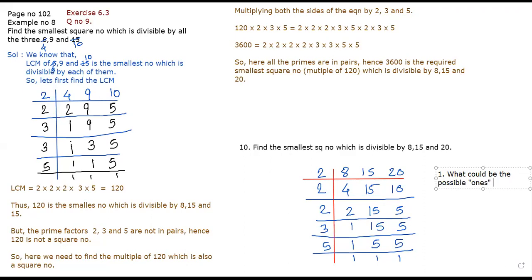I'm just writing by the time they are finishing this. Then have you finished? Yes, sir. Question number 10 is over.